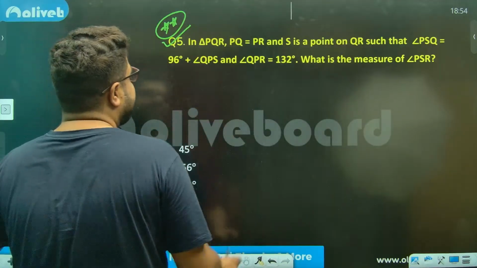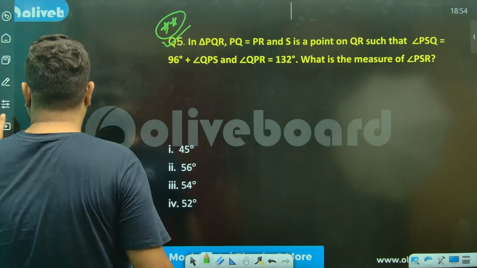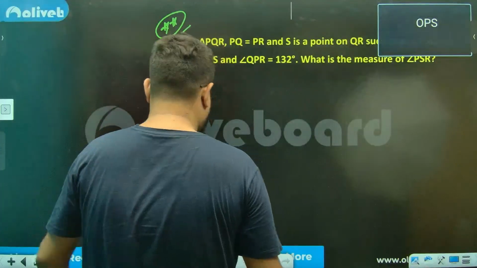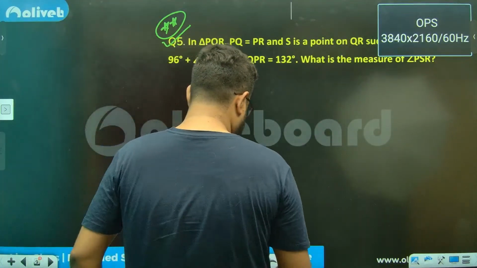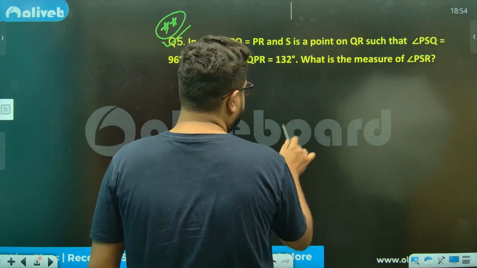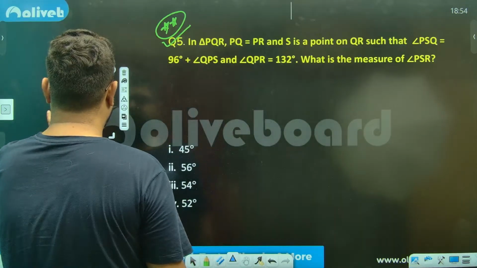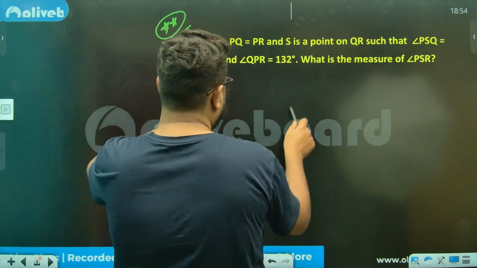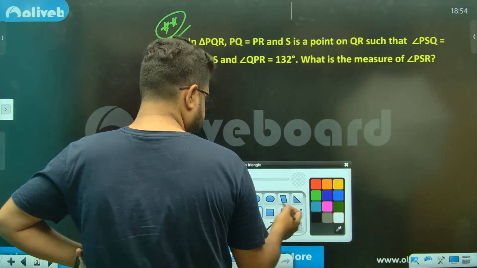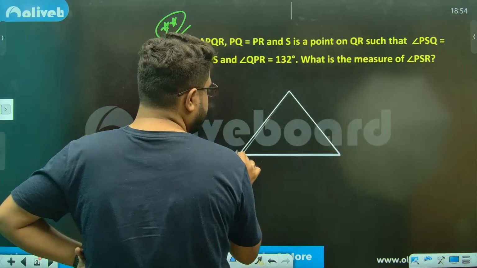चल, let's make it. PQR, PQ equal to PR. अरे यार. देखा. चलो सर. So PQ equal to P. इधर बन रहा है, इधर क्यों नहीं बन रहा है? What the hell?